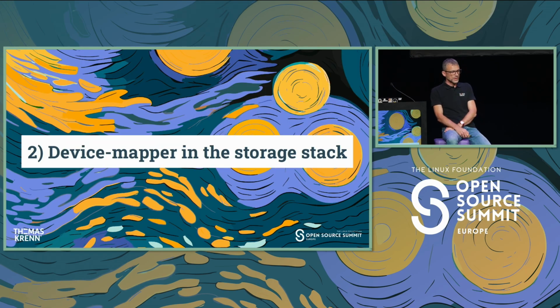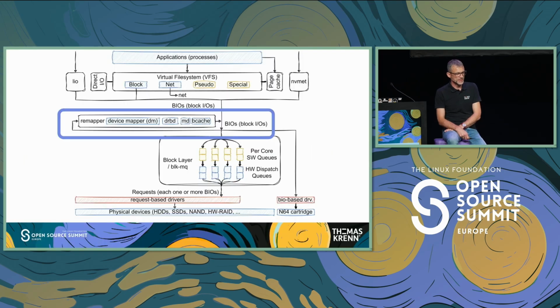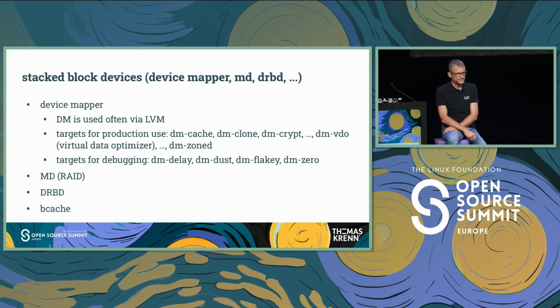Let's take a look at the device mapper in the storage stack. As mentioned, it's in the middle, in the heart of the storage stack, just before the block IOs go down into the block layer itself. For those stacked block devices, the device mapper targets are most often used via tools like LVM. And as mentioned, there are targets for production use and targets for debugging use.